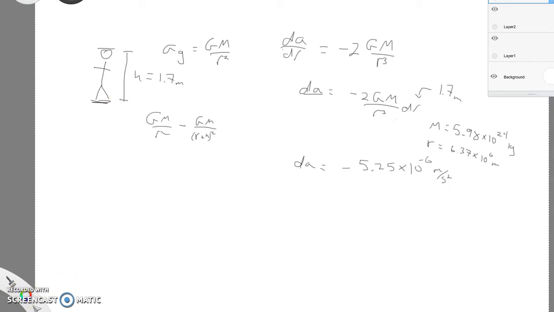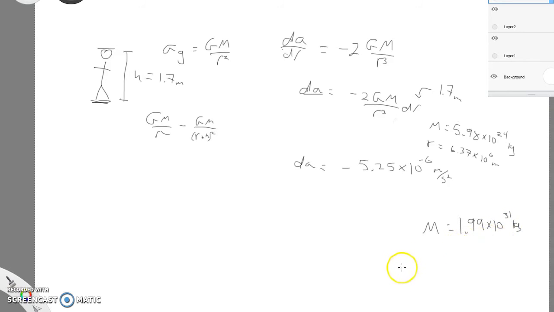Let's say now, though, that instead of standing on Earth's surface, you're orbiting that same distance outside of a black hole. And instead of having the mass of the Earth, let's say the black hole's mass was equal to 1.99 times 10 to the 31st kilograms.